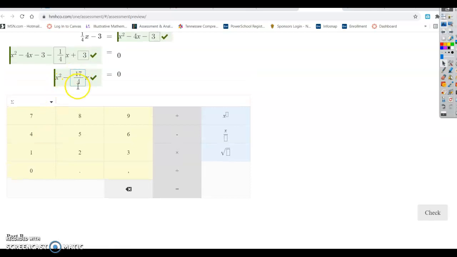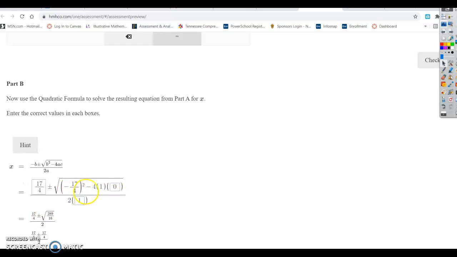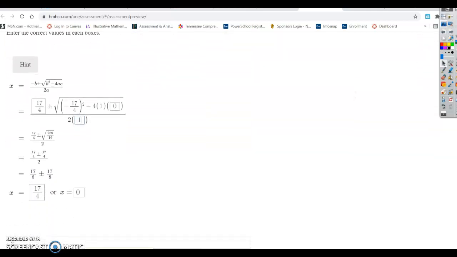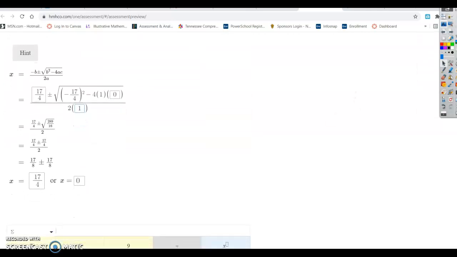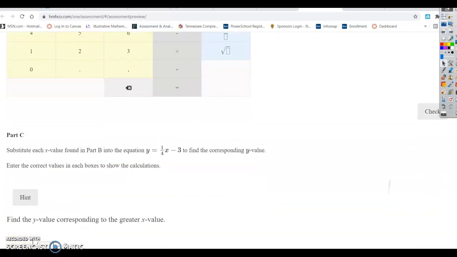Negative b would be a positive 17/4. Well, I don't see what the mistake is here. Anyways, this is the formula. You're going to plug in a, b, and c. We got the correct x's at the bottom, so maybe there's a typo in the system.